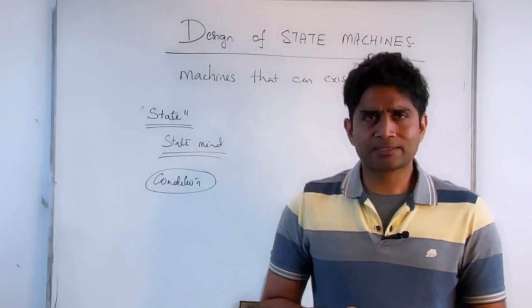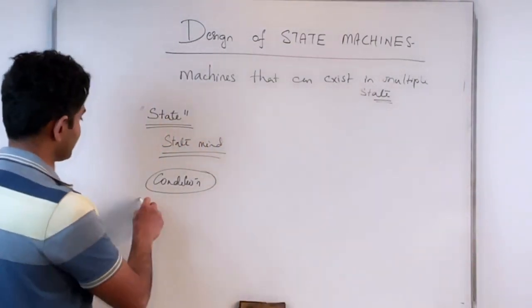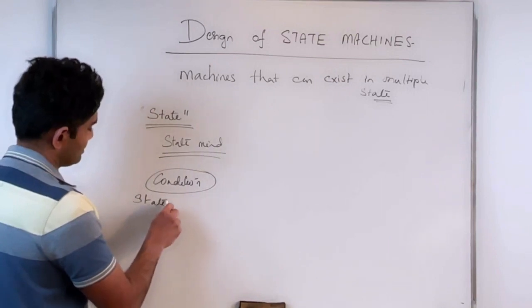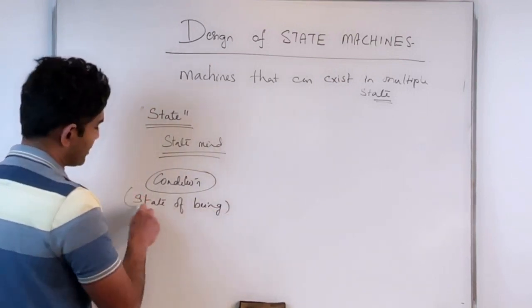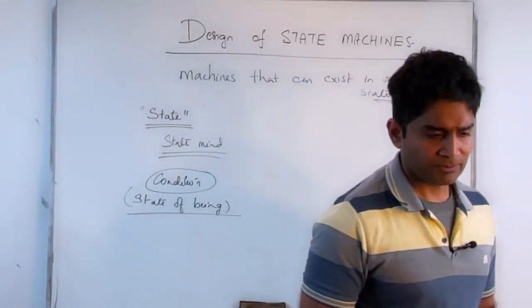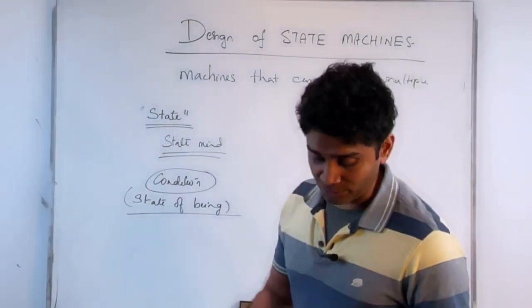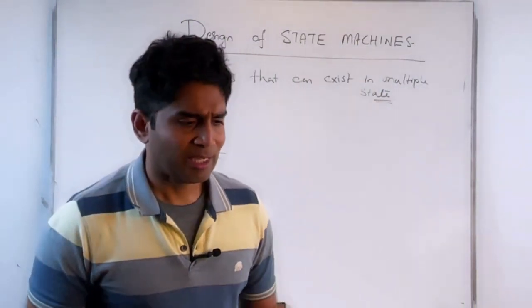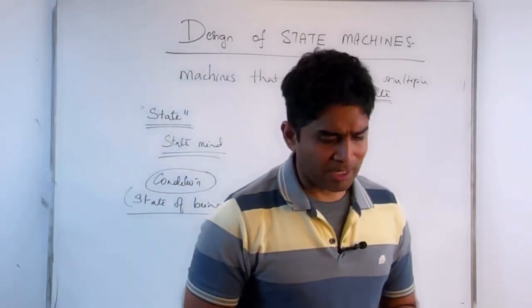State as a state of being. You can think about state as a state of being, right? Now, every one of you would be in multiple states of being, or must have experienced multiple states of being through your life, right? And you cycle through those states of being, right?